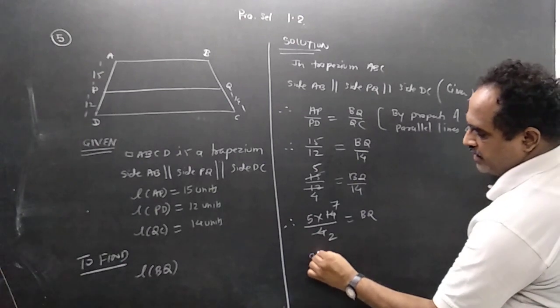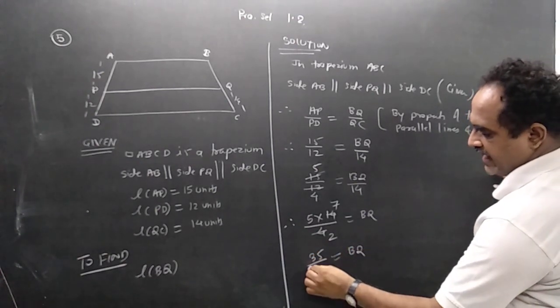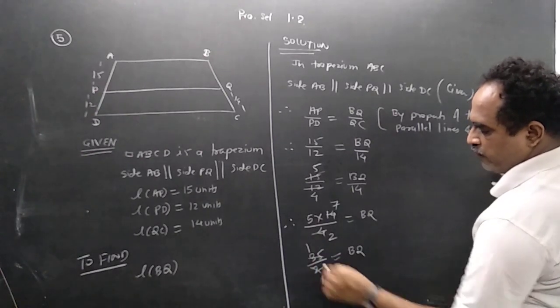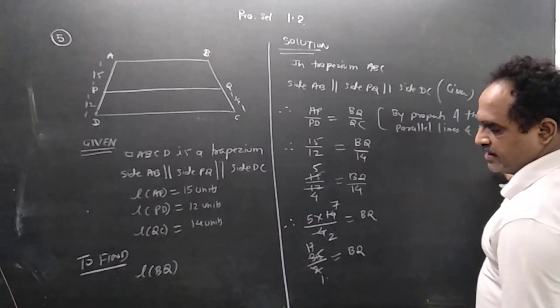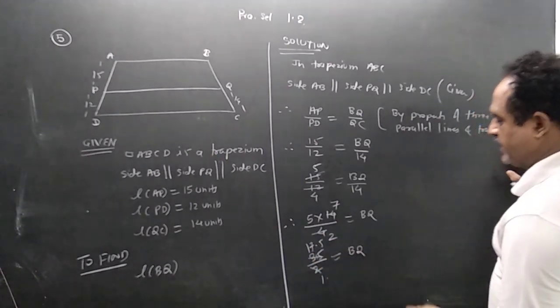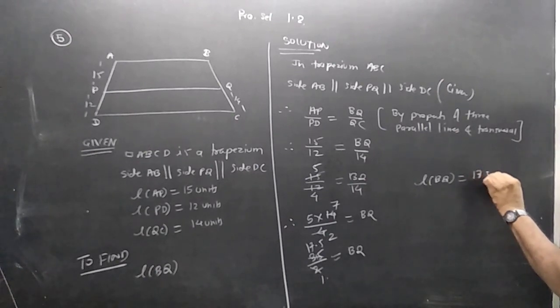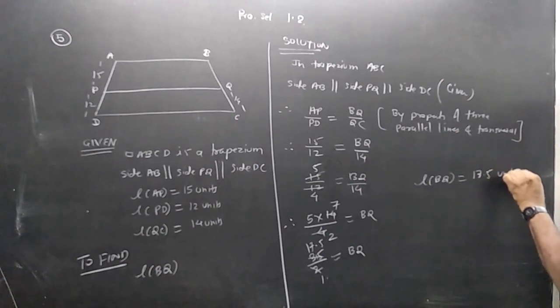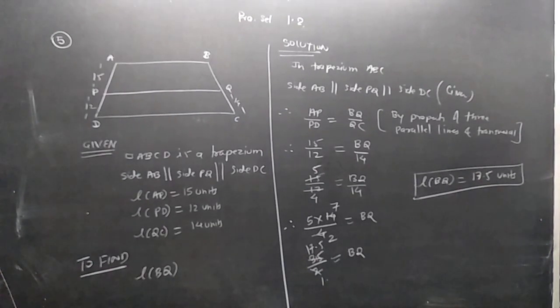Now it becomes 35 by 2 is equal to BQ. So length BQ is equal to 17.5 units. This is your answer for length BQ.